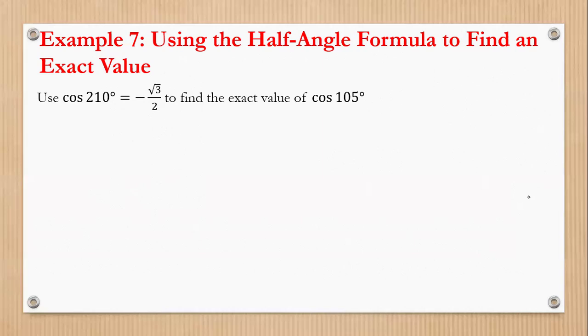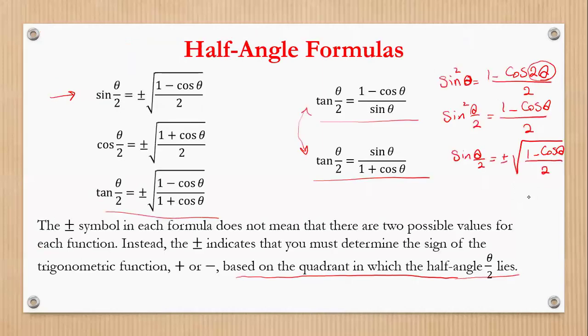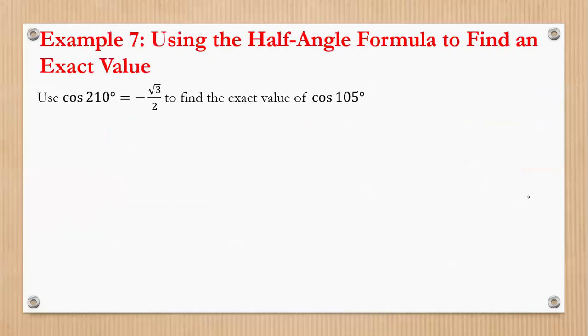If I want to use half-angle formulas for the cosine, that's my formula: cosine of the half angle is plus or minus the square root of 1 plus cosine over 2. And if this is 105, that means it's half of 210, so this is 210.